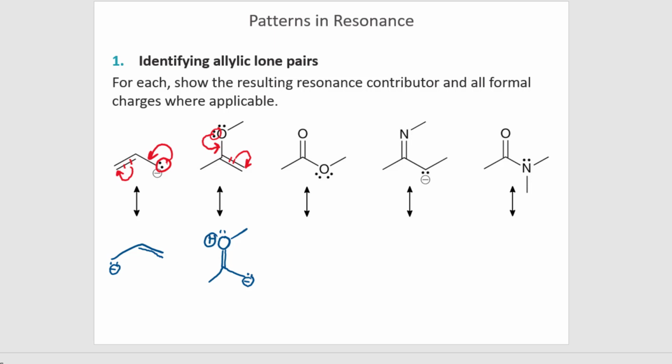Check your charges. Take the lone pair, dump it in, break the pi bond, dump it into the atom at the end. Check your charges. Now remember, there were already 2 lone pairs up there. Those are still there, giving us an overall negative oxygen.